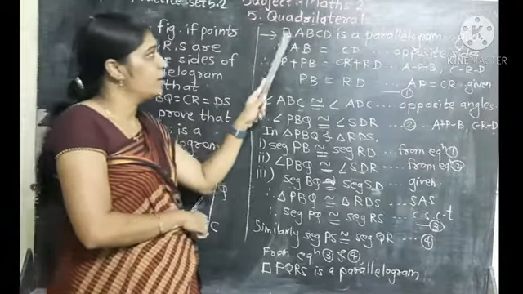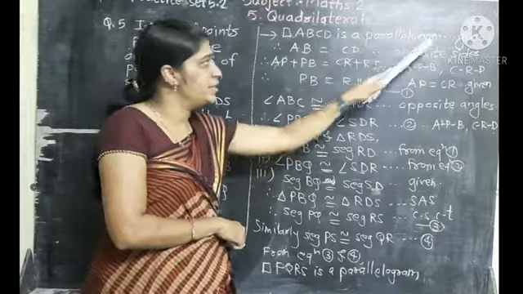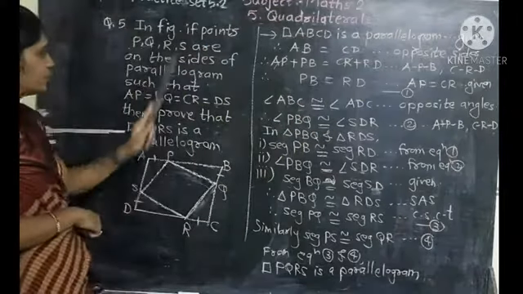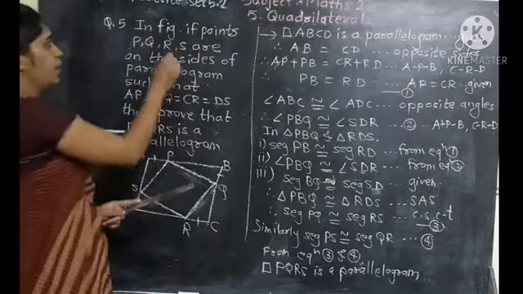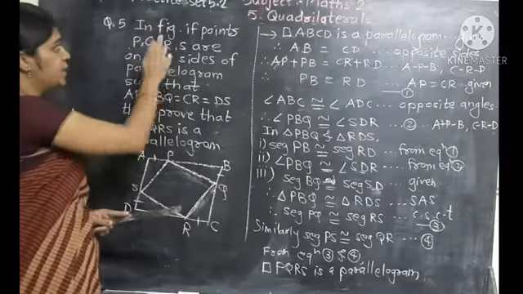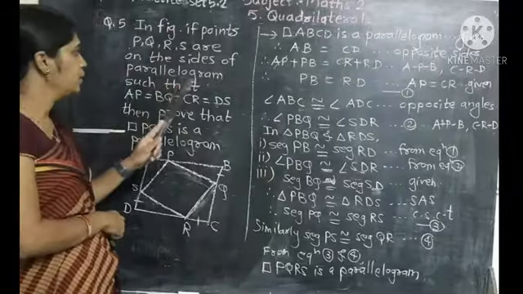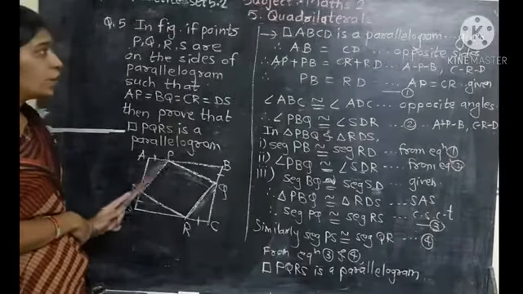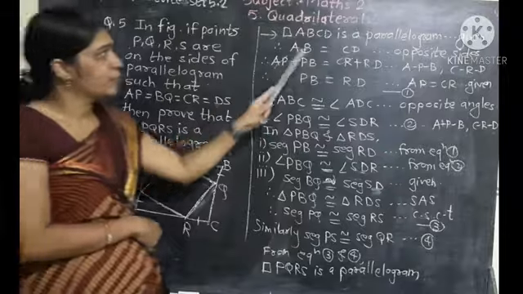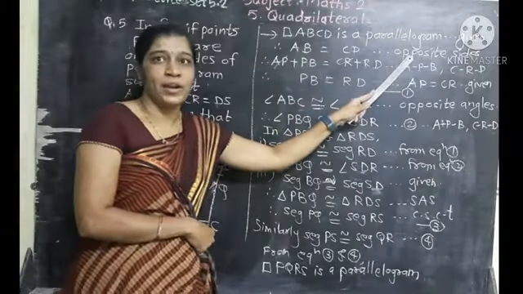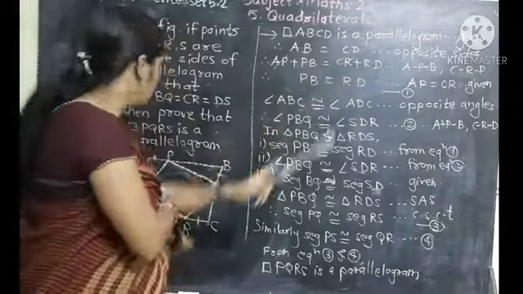So let's start. Quadrilateral ABCD is a parallelogram, given. Okay. Therefore AB is equal to CD because opposite sides of a parallelogram are congruent. What is AB here?